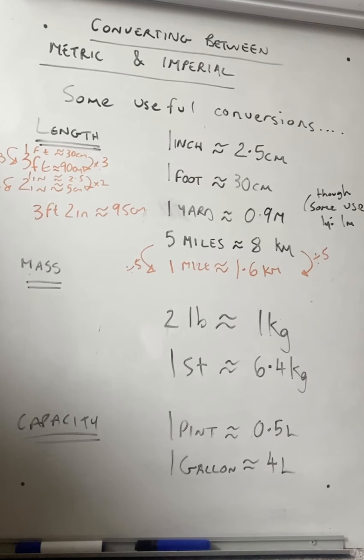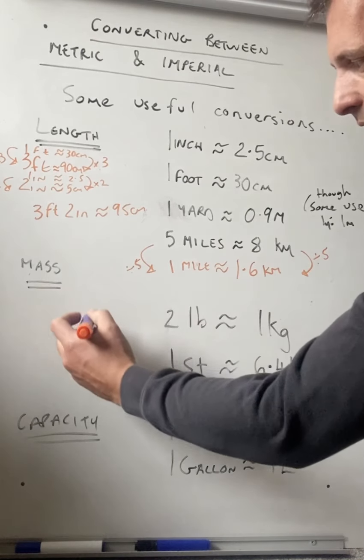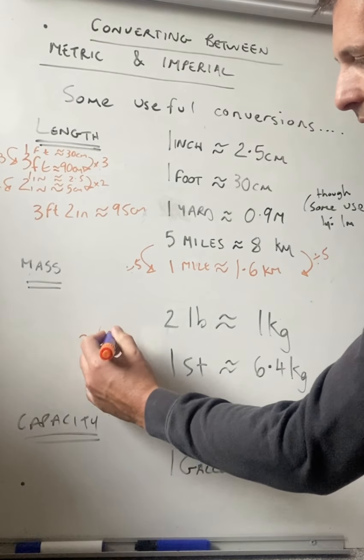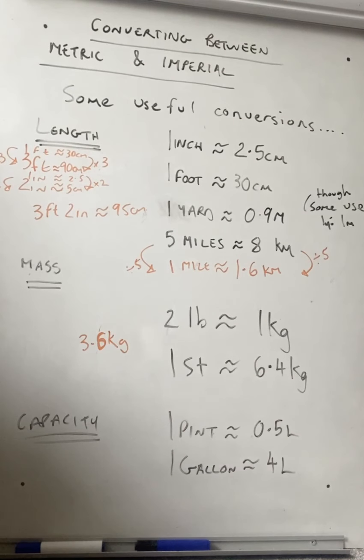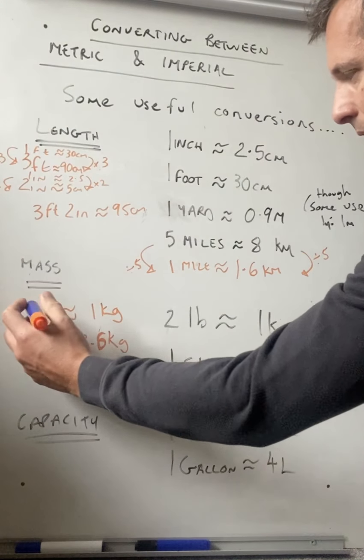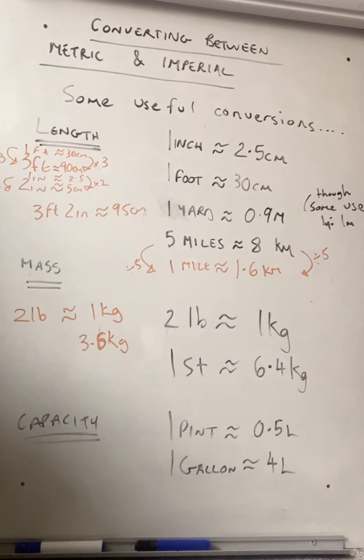So let's have a look at another example, like with mass. So 2 pounds is about 1 kilogram. Again, it's not a really accurate one, but it's not far off. So I use that as a rough conversion. So if I wanted to find, say, 3.6 kilograms, then we'd use our 1 kilogram is approximately 2 pounds, and we'd ribbon that.